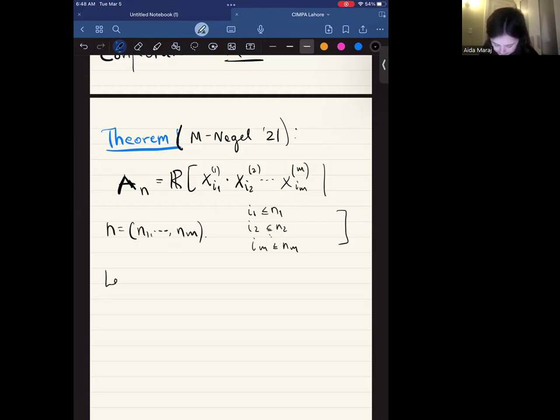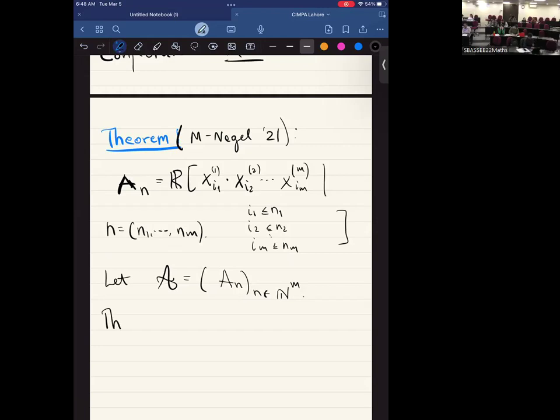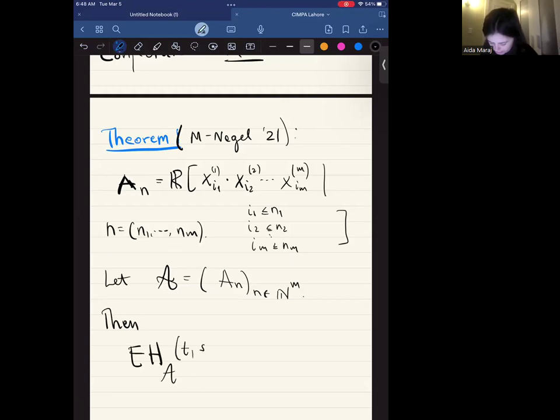Okay, so let A be this collection of A_n for n in N^m. Then the equivariant Hilbert series of this A, in variables T, S1, ..., Sm, is S1 times ... times Sm over (1 minus S1)(1 minus S2)...(1 minus Sm minus T).